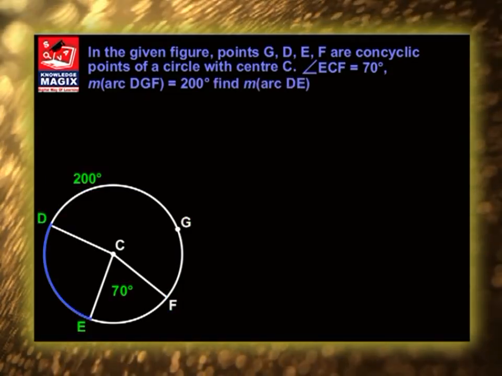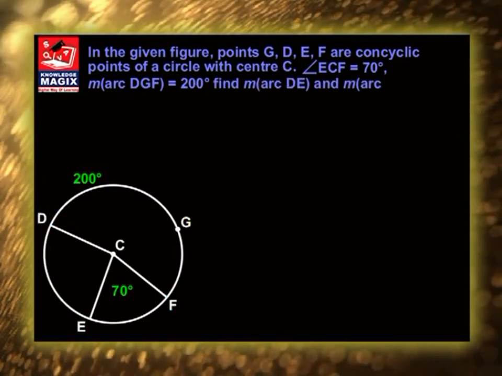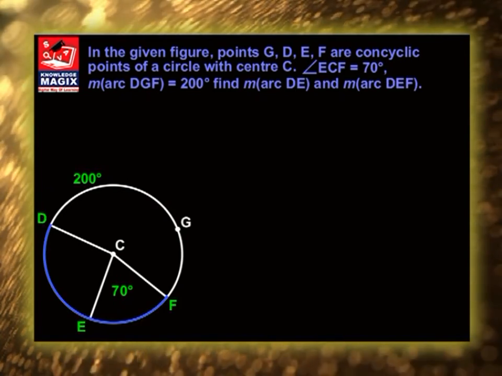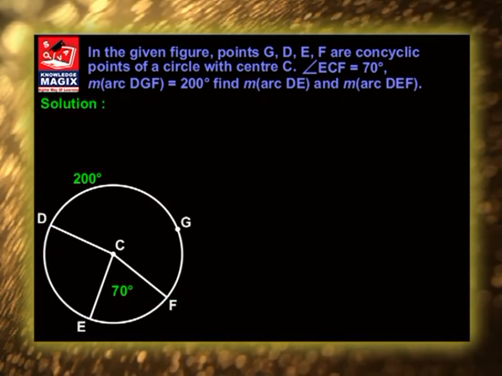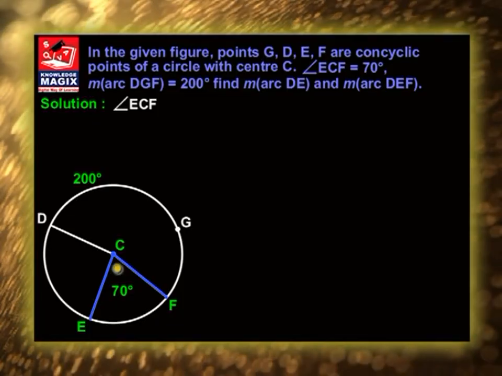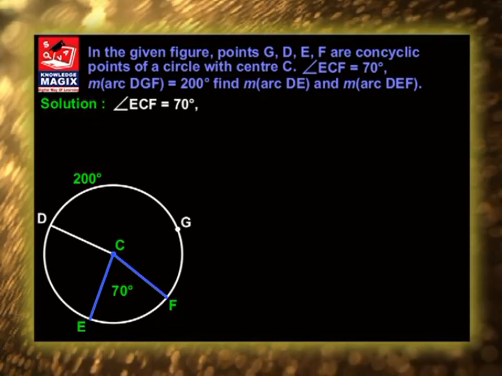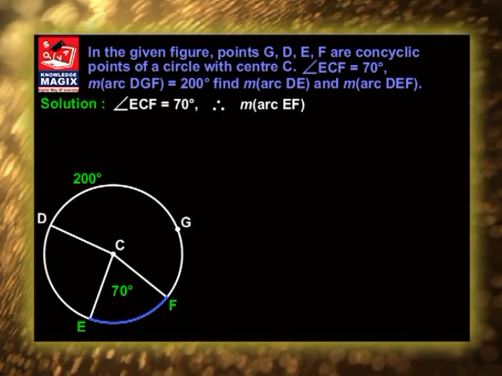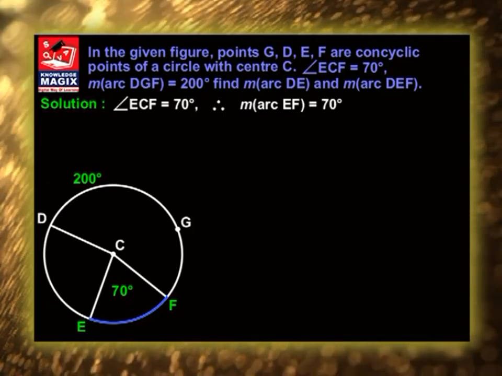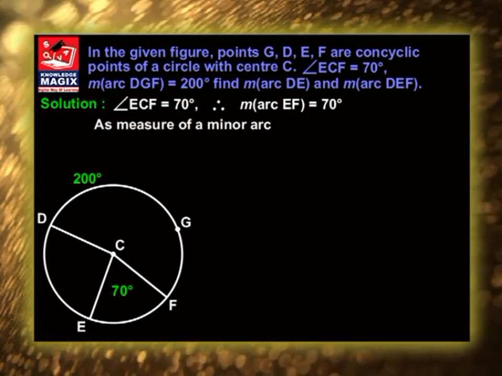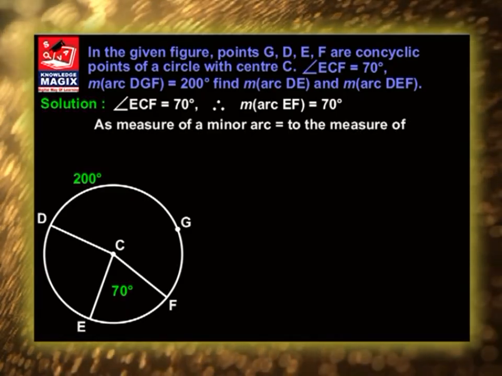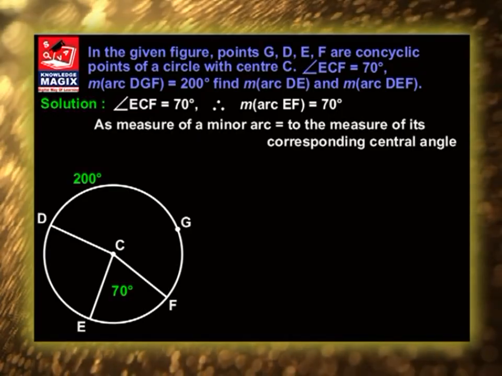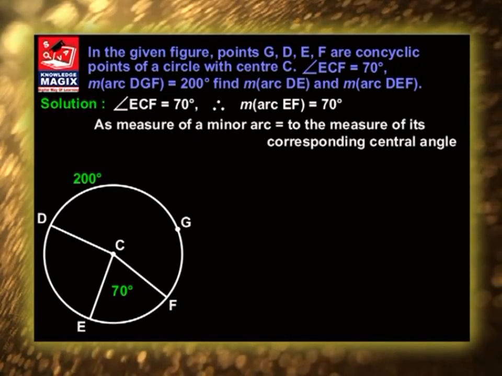Find measure arc DE and measure arc DEF. Solution. Angle ECF is equal to 70 degrees. Therefore, arc EF is equal to 70 degrees, as measure of a minor arc is equal to the measure of its corresponding central angle.